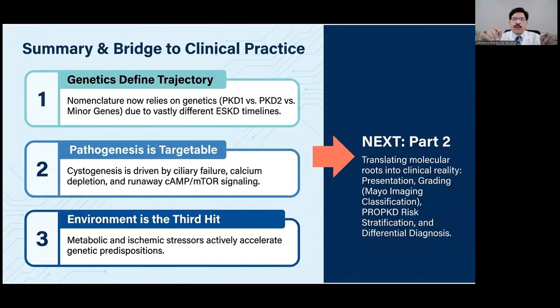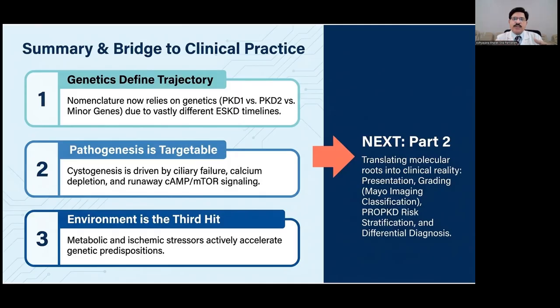Pathogenesis is targetable. Why should I know? If I know the cytogenetics driven by ciliary failure or calcium depletion or runaway cyclic AMP or mTOR signaling or change in the metabolic pathway, I have treatment to attack the particular pathogenesis now. Why do I need all this story?